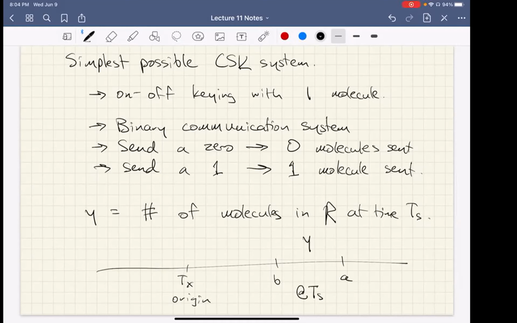I'm also going to call the transmitted bit X.